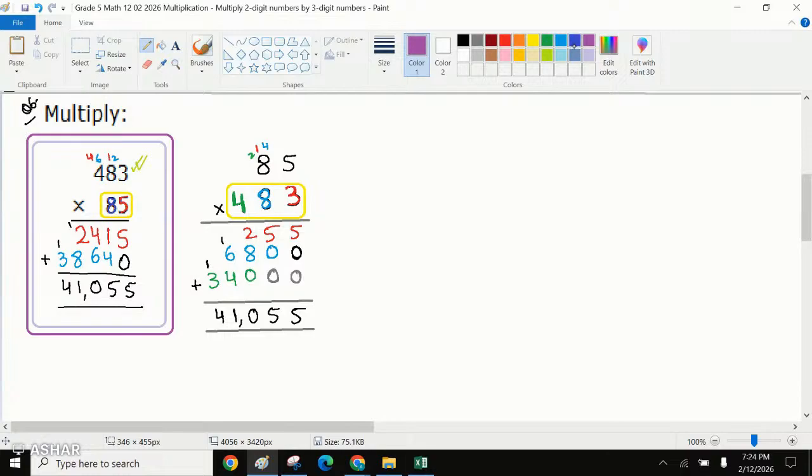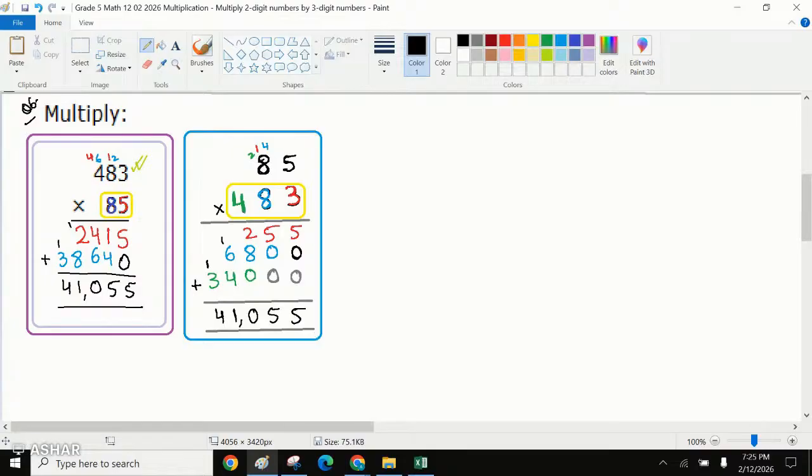But if I change the sequence, if I write the 2-digit number at the top and the 3-digit number at the bottom, I just flip their positions, right? So the working will change.